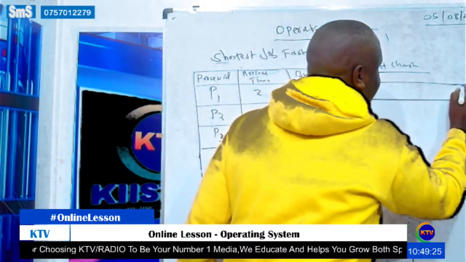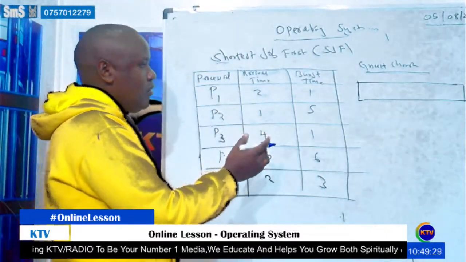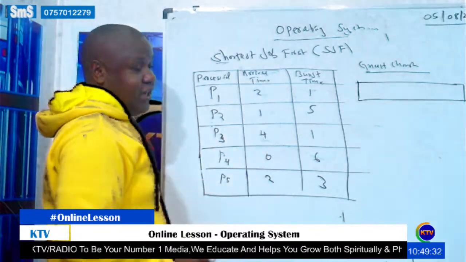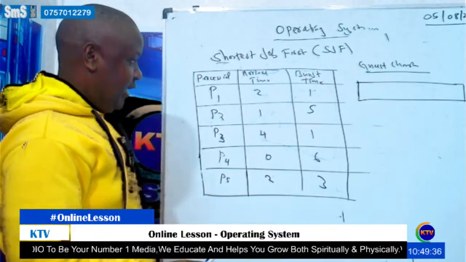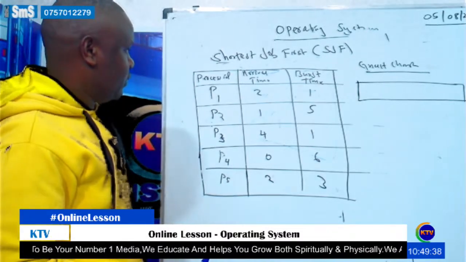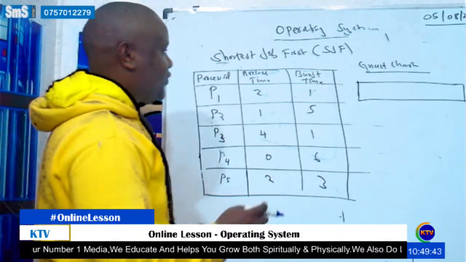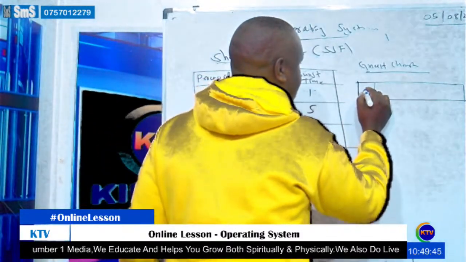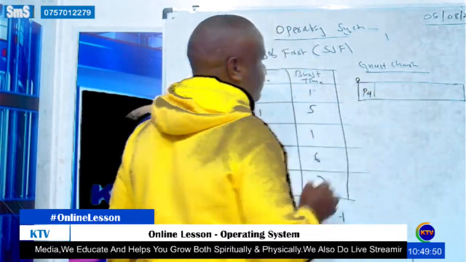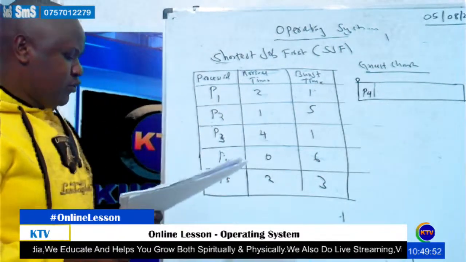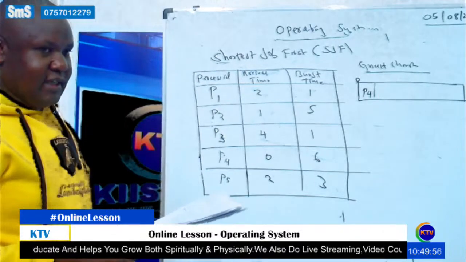Remember, what we are focusing much on is the past time, but at the same time, we look at the arrival time. So according to this one, which process arrived earlier? Process 4. Process 4 was the first process. It arrived at time 0. How long did this process take to complete? 6 milliseconds.